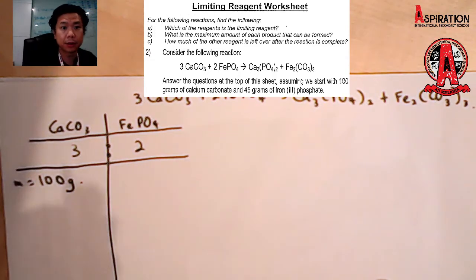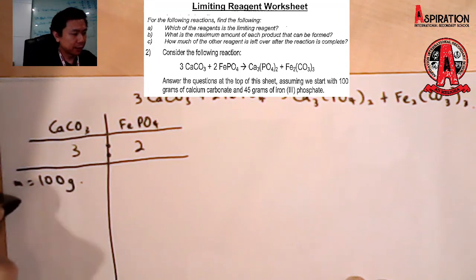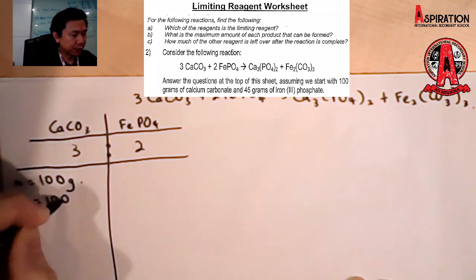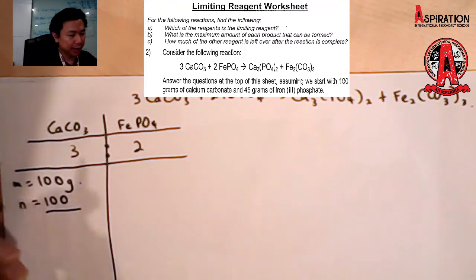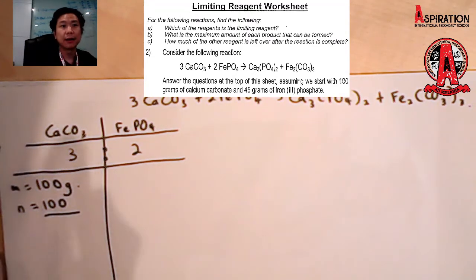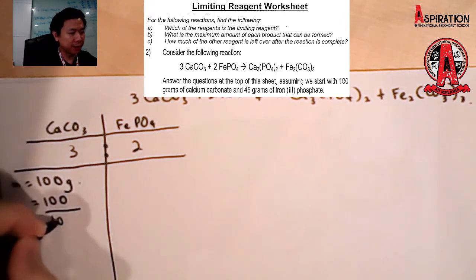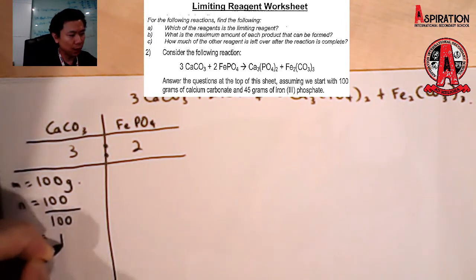I'll answer them. I'll go slowly. So the number of moles is 100 grams over the molar mass. Do you remember the molar mass of calcium carbonate? I told you this is one that you have to memorize. If you did memorize, it will do you good because you know that the molar mass is 100, so the number of moles is 1.